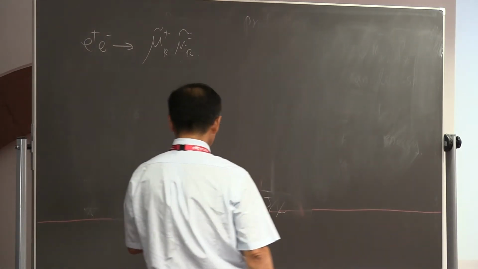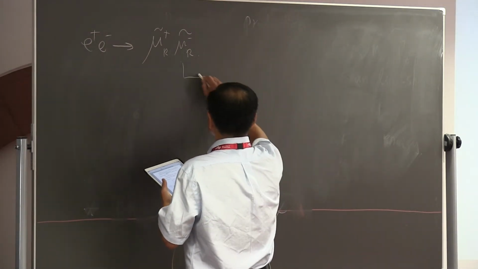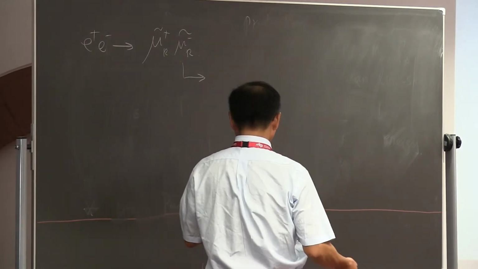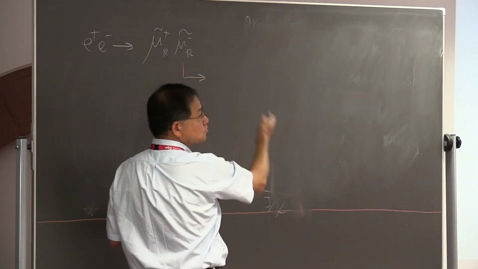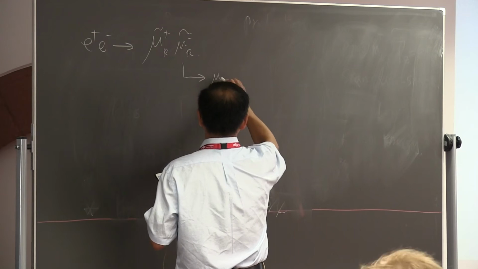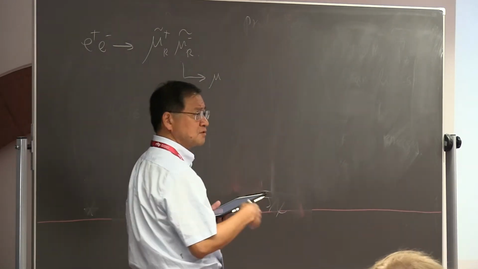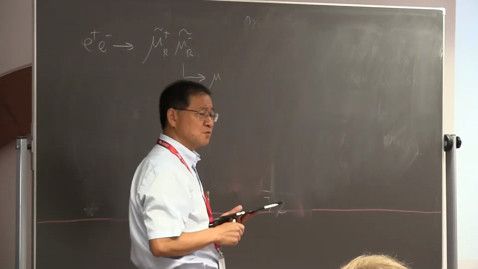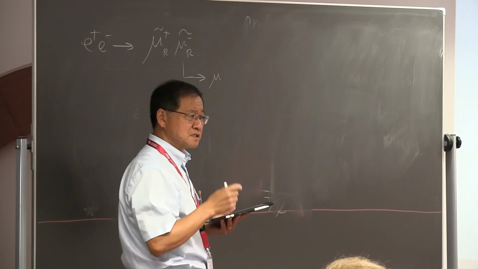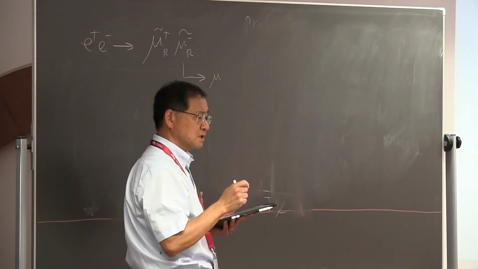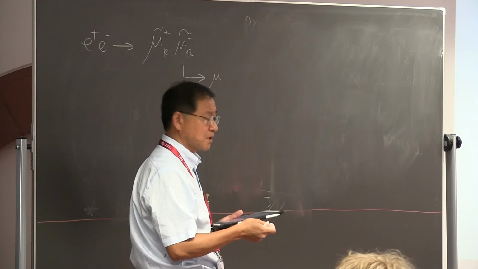So in that case, this one would decay to the observable particles. This is a scalar muon, then decay to a muon, a standard model particle. But because of the supersymmetry quantum number, we call it R parity, this supersymmetry particle will necessarily be associated with another supersymmetry particle.